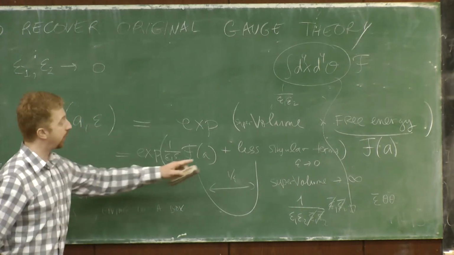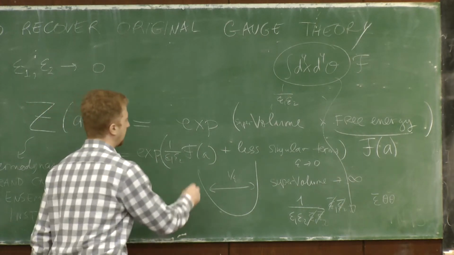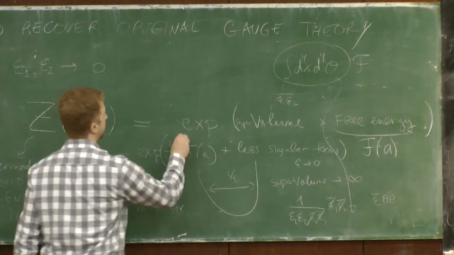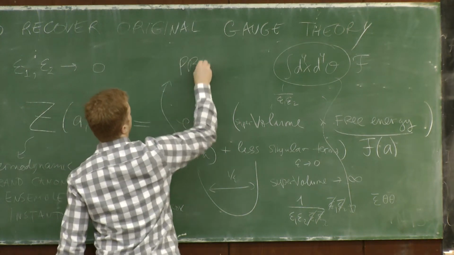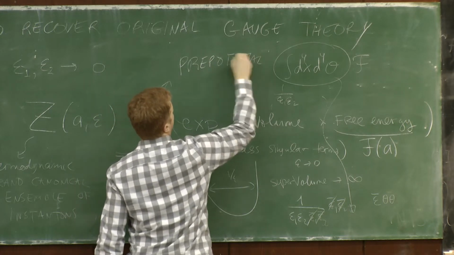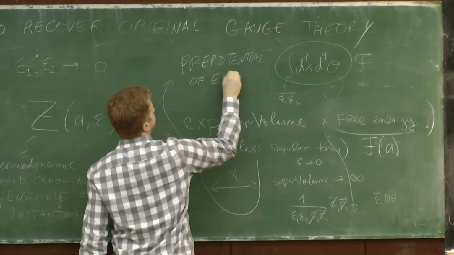Now, the subleading terms are also quite interesting for the gauge theory, but I will not discuss them. So this is the prepotential of the effective theory.